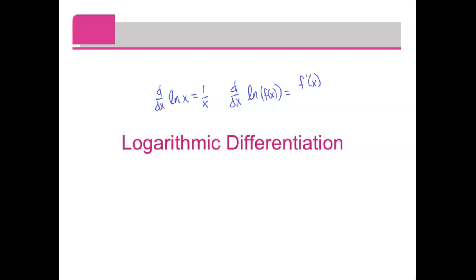Because that just ends up being the derivative of the inside over the original inside function. And so we use that along with properties of logarithms to make taking certain derivatives a little bit quicker. But to be able to do this, you need to remember 3 properties of logarithms, right?